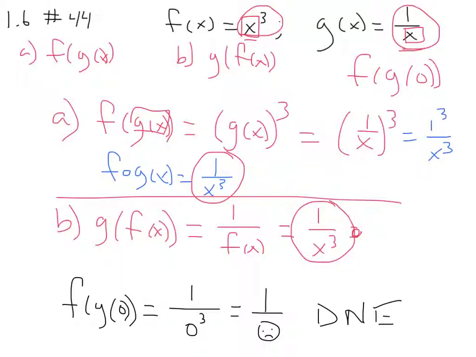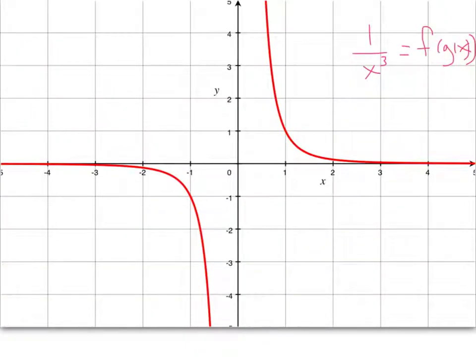If we take a look at this function, let's see why it doesn't exist. All right, so our f of g of x came out to be 1 over x cubed. Okay, so when x is 1, x cubed is 1, 1 over 1 is 1, so we should be there.